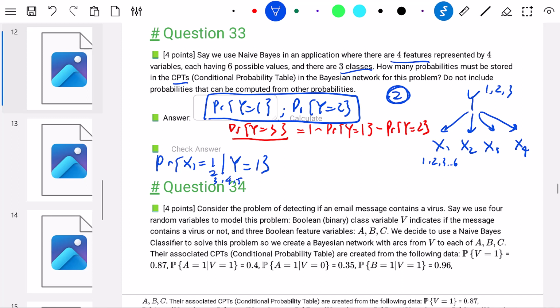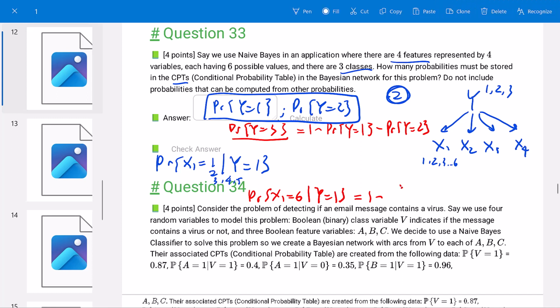The probability of x1 being 6 given Y is 1 can be computed as 1 minus the other ones. So let me rewrite it this way: the sum of x from 1 to 5 of the probability of x1 is x given Y is 1. We have all of these in the table already, so the last one can be computed.